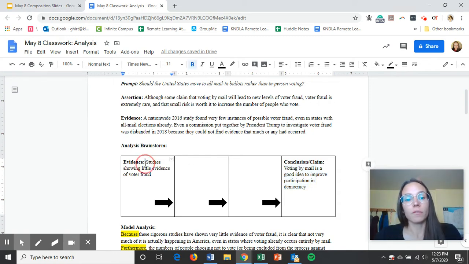So I need to get from my evidence to this conclusion. I'm going to do that by brainstorming out these implications, right? So cause, effect, other effect, conclusion. So for this evidence of these studies showing little evidence of voter fraud, the next logical step from that is that very little voter fraud is actually happening in America.